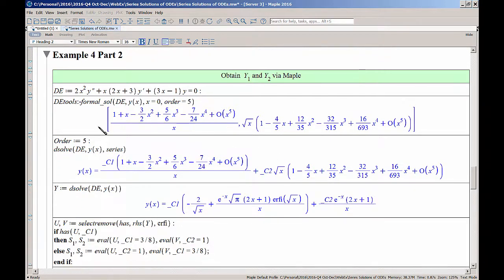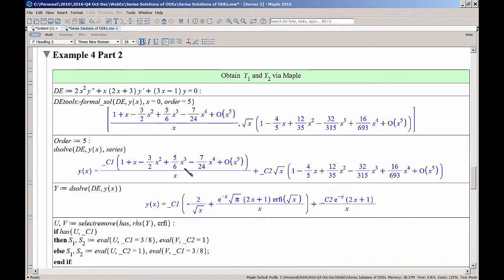Now, the dsolve command itself will yield a series solution, and so you can say dsolve series. But when you do that, you must make use of the global variable Order with a capital O, and outside the command, change the value of that global parameter, and then you get a series solution.